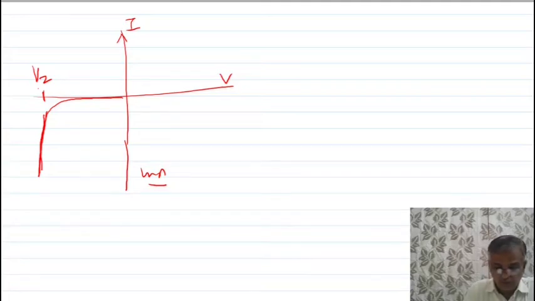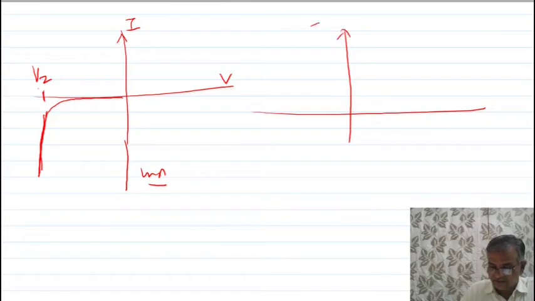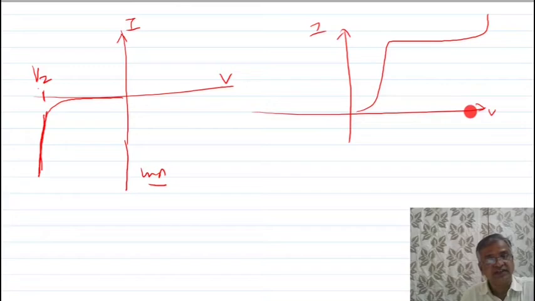And in this CRD diode, you are getting a constant current over a wide range of voltage, right? So let us use CRD in a voltage regulator circuit.